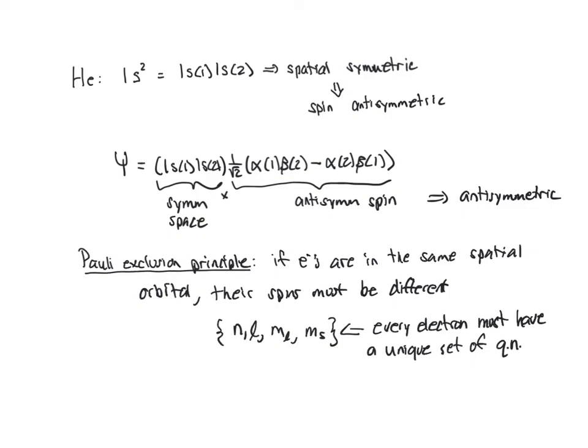So in other words, if n, l, and m sub l are the same, they're in the same orbital, then m sub s has to be different. If m sub s is the same, then something about the spatial orbital has to be different in order to make sure that we have an anti-symmetric space and a symmetric spin, or a symmetric space, everything the same, and an anti-symmetric spin, different spins.